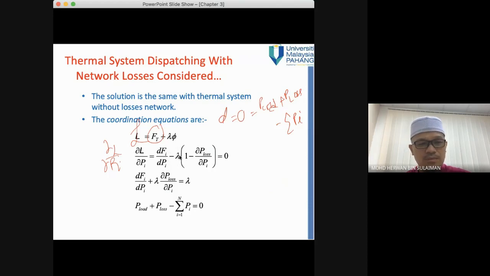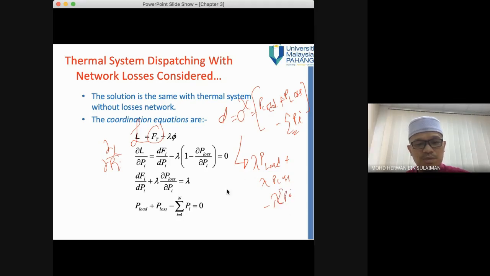And how can we obtain these things? You do the partial derivation of this expression with respect to Pi, and remember that we multiply by lambda here. So when you do the expansion, you get lambda P load, plus lambda P loss, minus lambda times the summation of Pi, right?